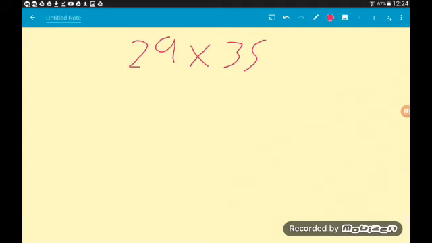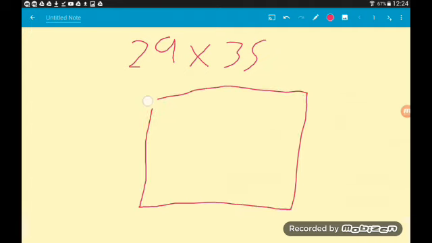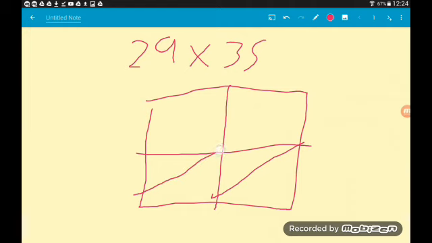Instead, I would recommend using the lattice method. One of the biggest pros of using the lattice method is that you never need to do a multiplication bigger than 9 times 9, which is pretty cool. This strips away confusion with how many zeros to put after a number.